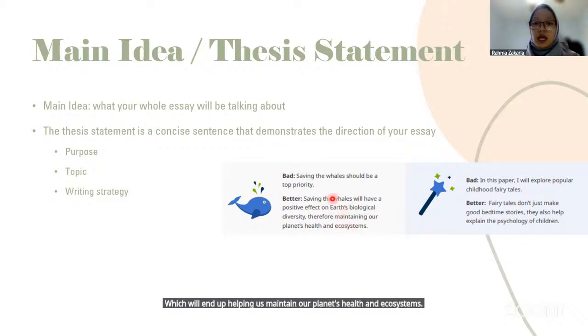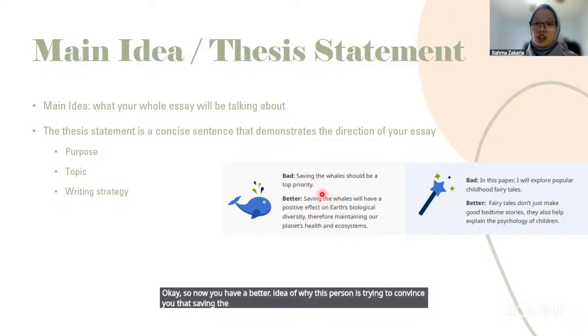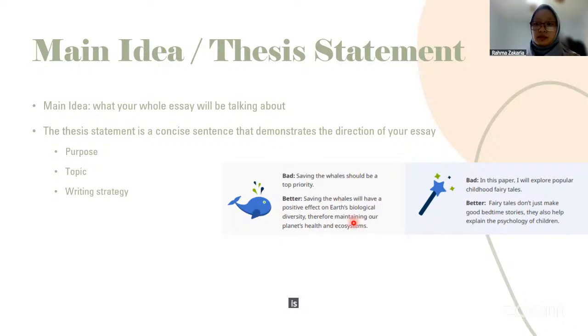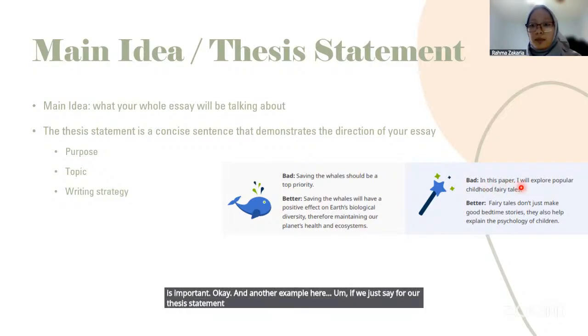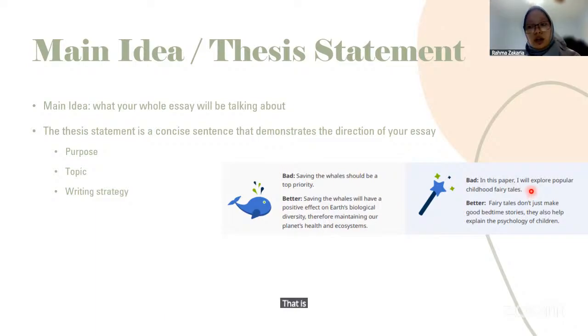Okay, so now you have a better idea of why this person is trying to convince you that saving the whales is important. Okay, and another example here. If we just say for our thesis statement, in this paper I will explore popular childhood fairy tales, that is saying what you are going to do, but it doesn't tell the reader why is this important, or why should I listen to you?